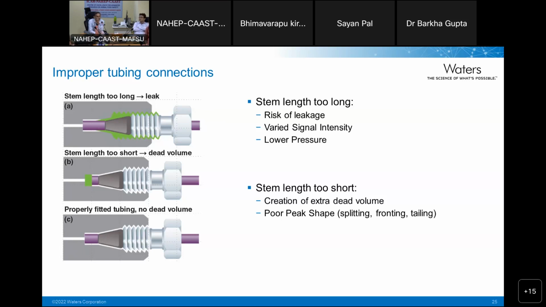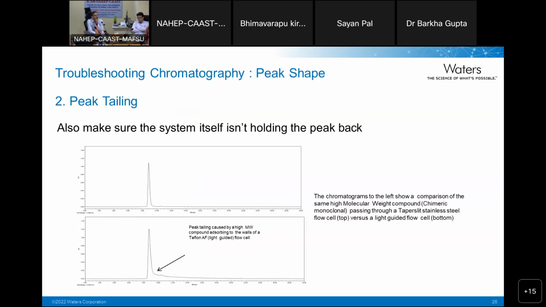So you are making sure there is no gap in between when you are tightening the nut and ferrule. Again, this is one part of tailing, wherein all the fittings and everything is correct.